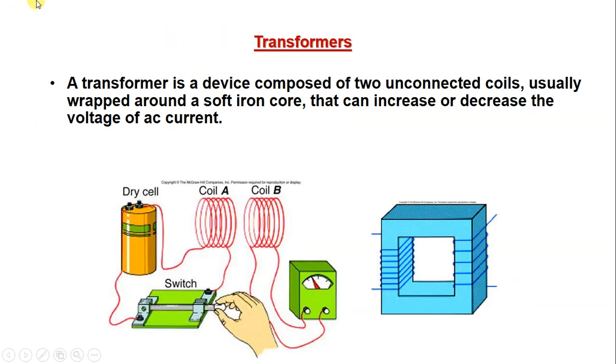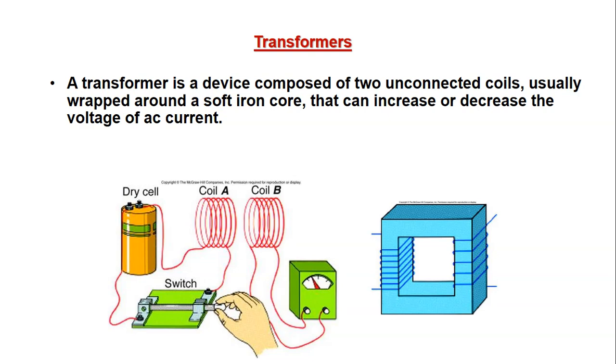The last concept in this lesson is about something called transformers. As the name suggests, transformer means it transforms something, right? What does it transform, do you think? It basically, girls, transforms the voltage from one value to another.